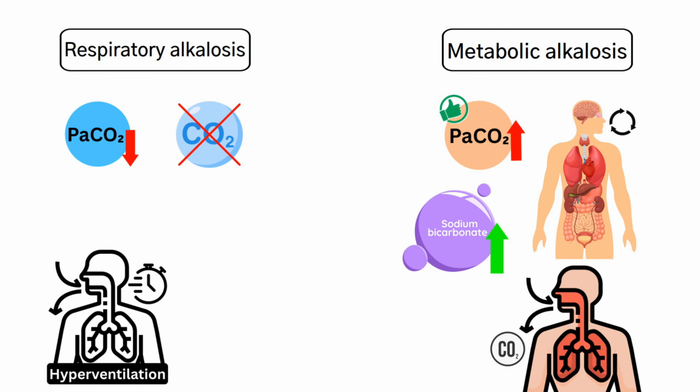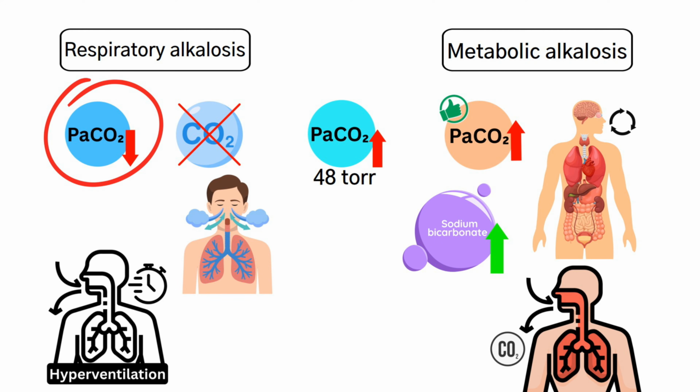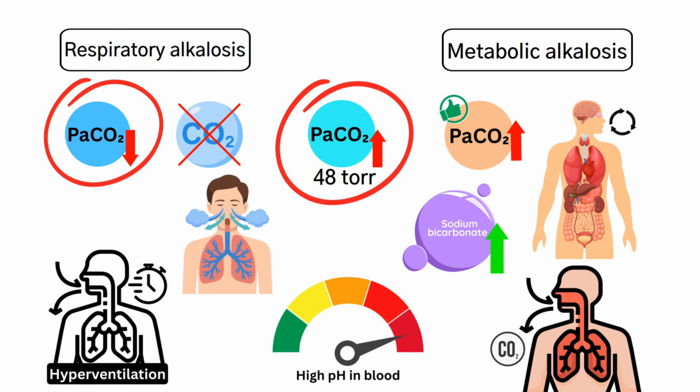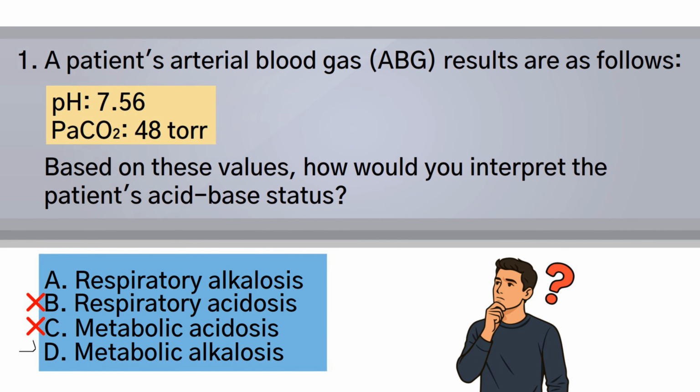In this example, the PaCO₂ is increased to 48 rather than decreased, so the alkalosis cannot be respiratory in nature. Instead, the elevated PaCO₂ reflects the body's effort to compensate for metabolic alkalosis. With that in mind, the only correct conclusion is that the patient has metabolic alkalosis. The correct answer is D. Metabolic alkalosis.